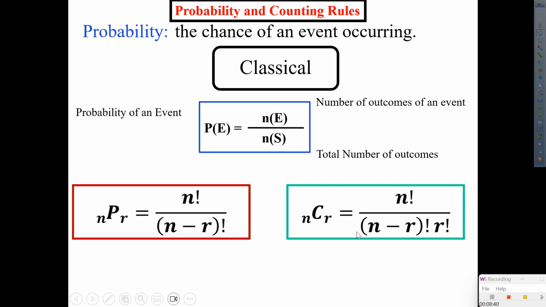But for the sake of staying focused on one section, I'm going to focus on the classical formula and the combination. So copy these two on your paper at the top so you can have them handy. The classical P of E equals N of E over N of S, and then the combination. We're going to be using those two for this next problem. Okay?